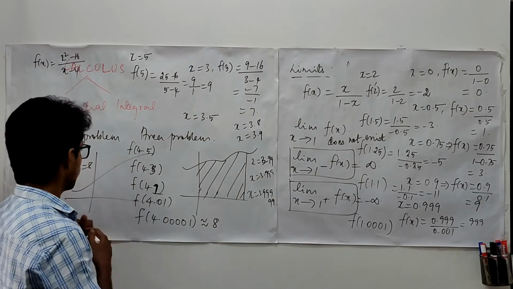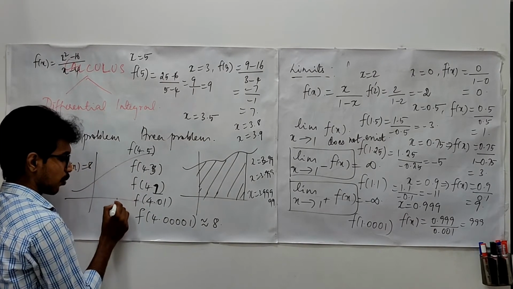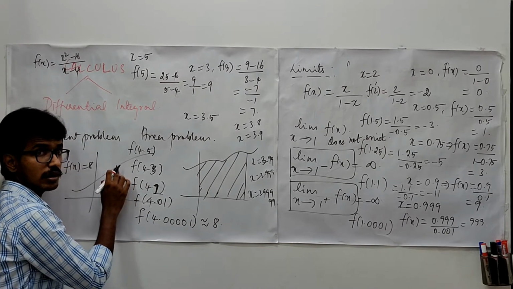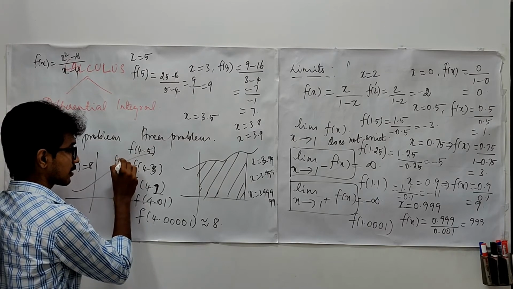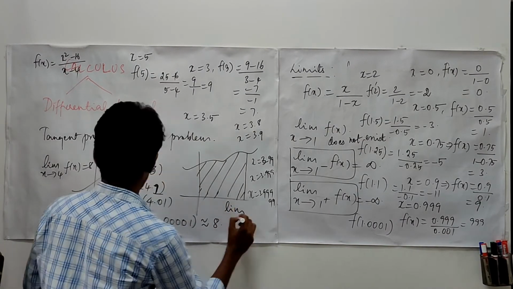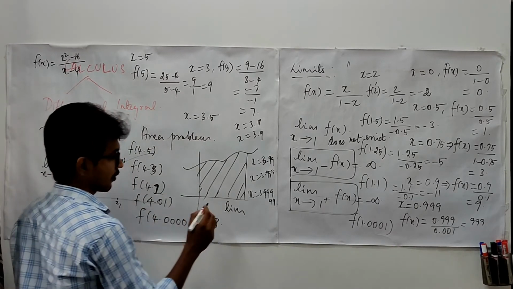Suppose you are going to talk about the limit at this point, so you will talk about this thing. This may be your f of x literally. Let us take this as x1, this as f of x1.